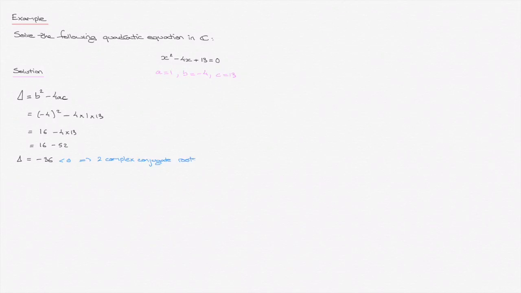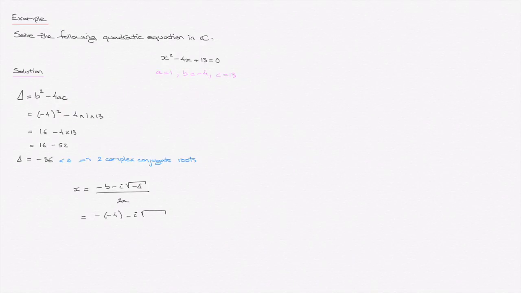And so to find the value of these roots, we're going to use the formula we just saw. So the first root would be x equals negative b minus i times the square root of negative delta over 2a. And that would lead us to negative b, so b was negative 4, so negative negative 4, minus i times the square root of negative delta.